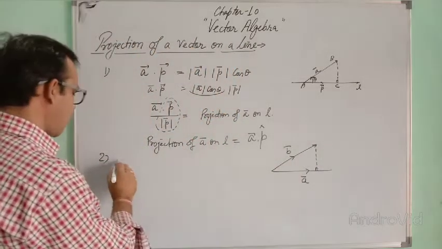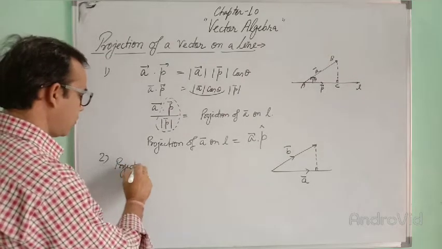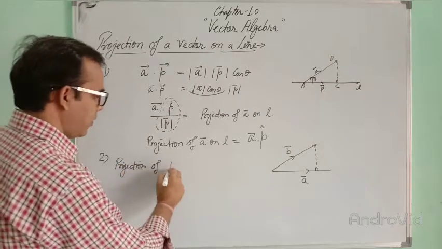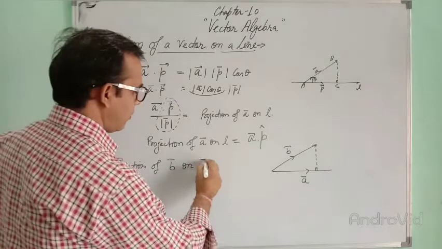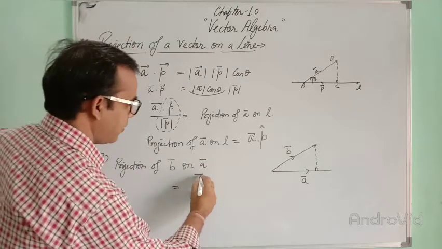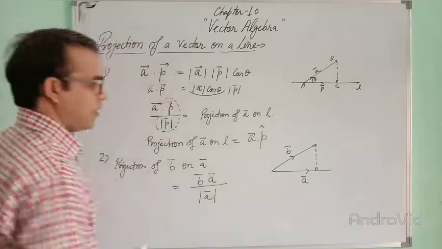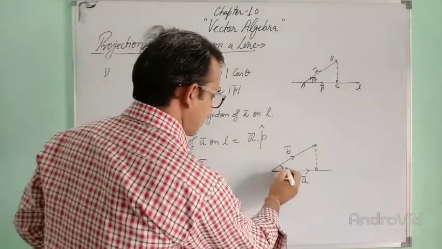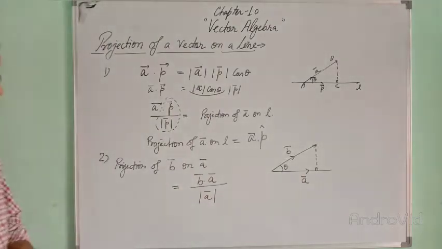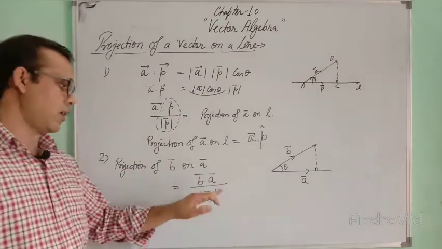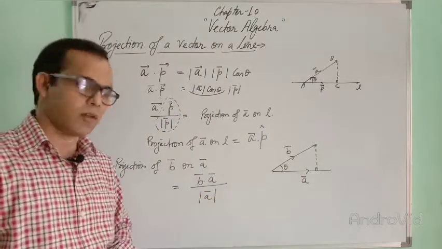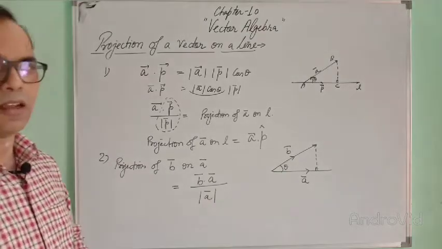So the projection of B vector on A vector will be B vector dot A vector divided by the magnitude of A, and this angle is theta. So the projection of B vector on A vector equals the dot product of these two vectors divided by the magnitude of A vector.